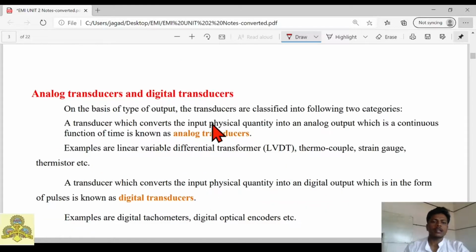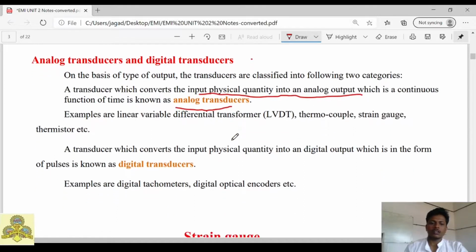Okay. Next we have analog transducers and digital transducers. A transducer which converts an input physical quantity into an analog output, which is a continuous function of time, is known as an analog transducer. What is digital?